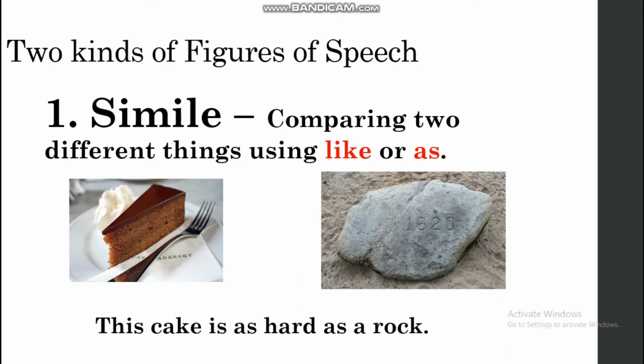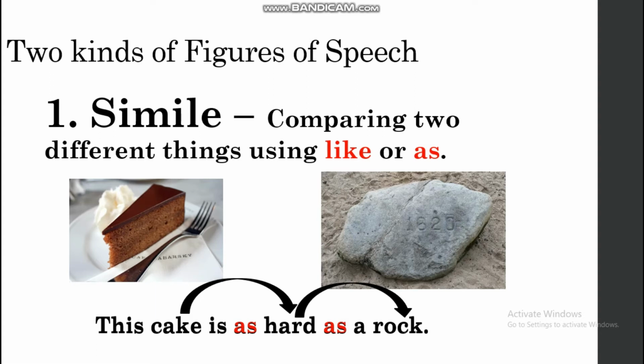The two things being compared here are the cake and the rock. We used the word as. So we use the attribute of the rock, which is hard, to describe the cake. The cake is as hard as a rock. What does this sentence mean? Does it mean that the cake is really a rock?